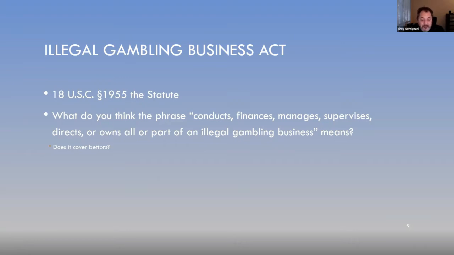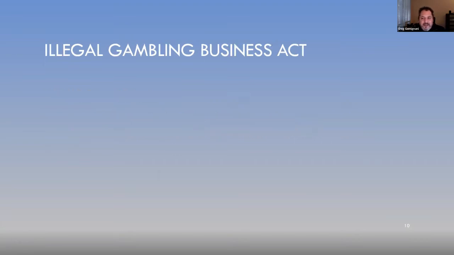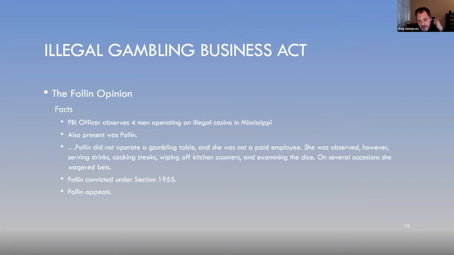And helpful included things like stacking chairs, occasionally serving coffee, sweeping floors, all that helped. Now, Merrill was paid. So he actually was an employee. He did get paid by the gambling operator. But, as we'll see, it might not be the defining characteristic for conducting.